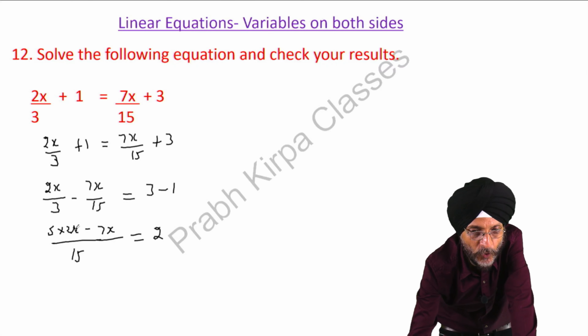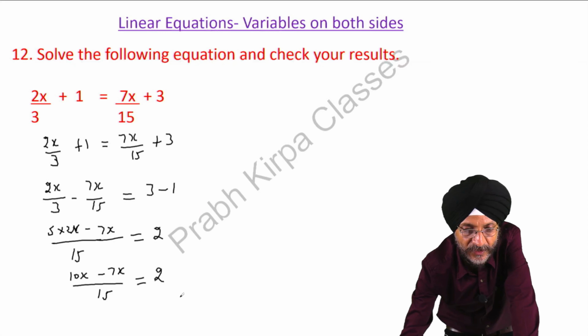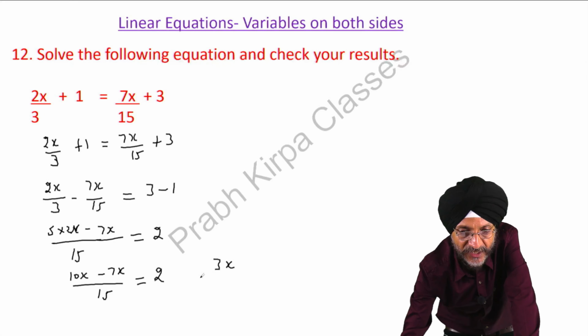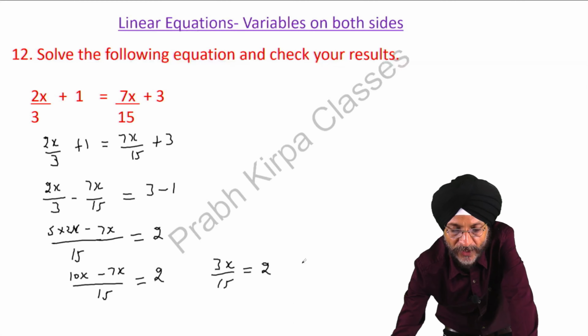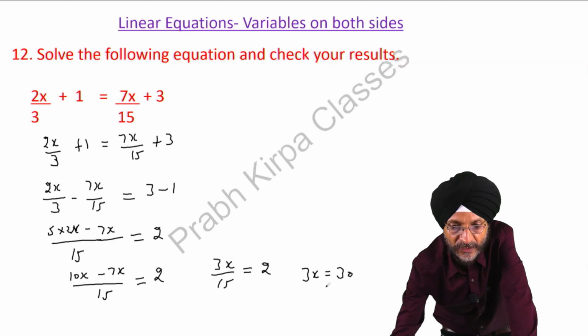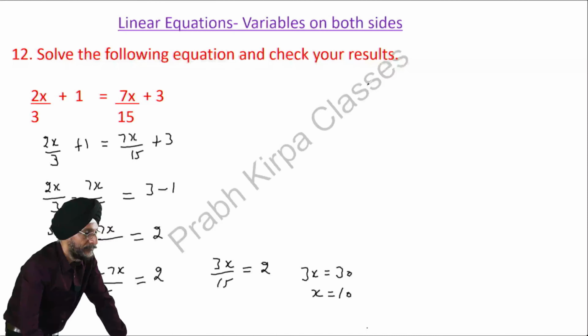So 5 into 2x, it becomes 10x minus 7x over 15 is equal to 2, or we can also write it as 3x over 15 is equal to 2, or we can also write it as 3x is equal to 30, or x is equal to 10.